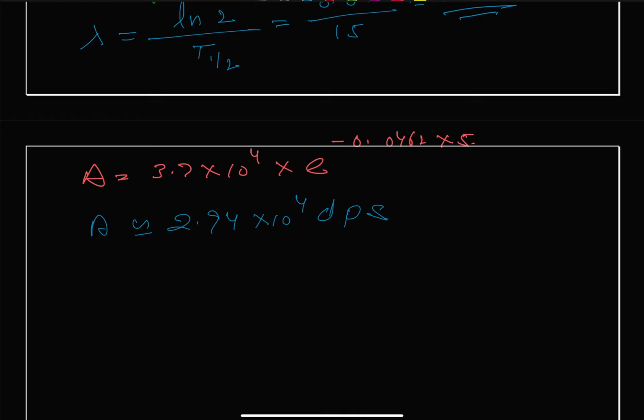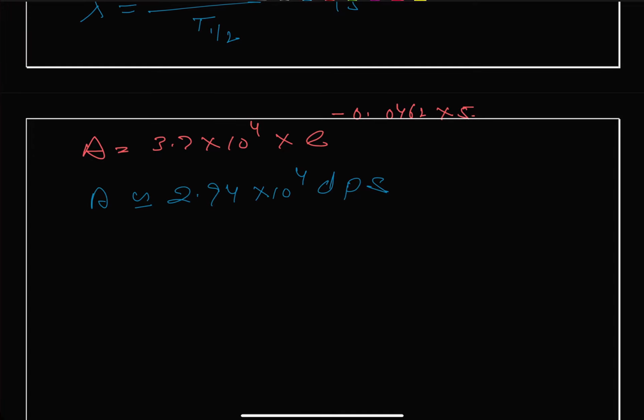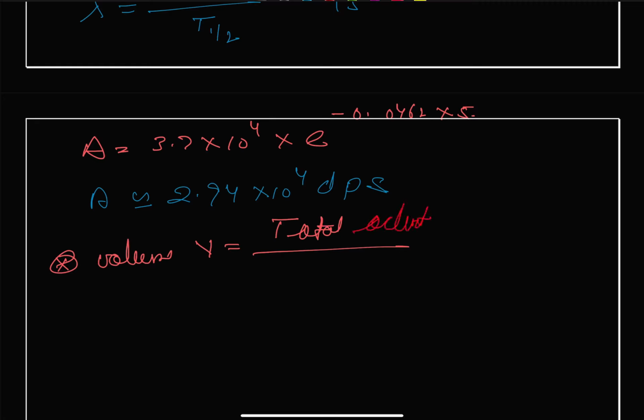And we are going to find out the volume, because this activity is our total activity, and we are also given the activity per volume, that is per centimeter cube. So we can say that the volume V will be equal to the total activity divided by the activity per centimeter cube.